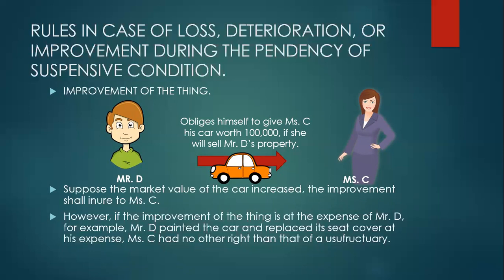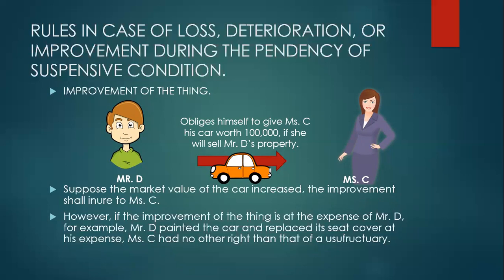However, if the improvement of the thing is at the expense of Mr. D, for example, Mr. D painted the car and replaced its seat cover at his expense, Miss C had no other right than that of a usufructuary.